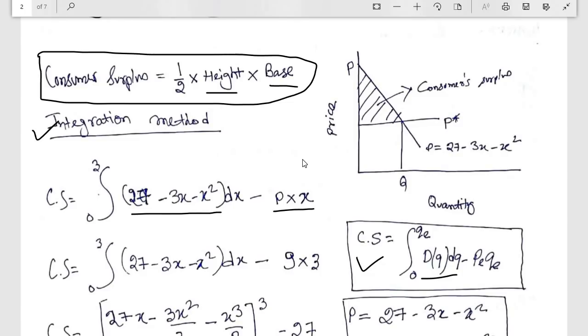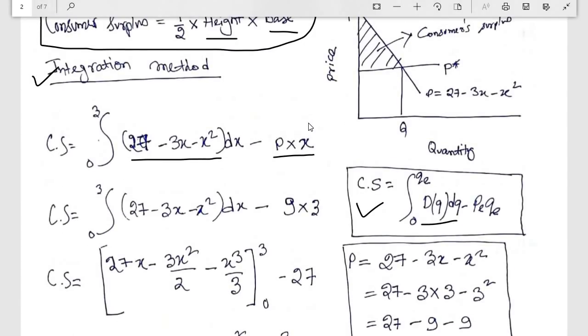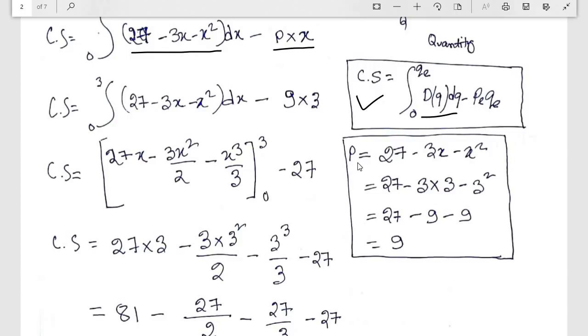If it is q, then we have to multiply p into q, but it is x here, so it is p into x. So x is given as 3, and p we have to find. When we substitute the amount of x here, we find that it is 9, right?